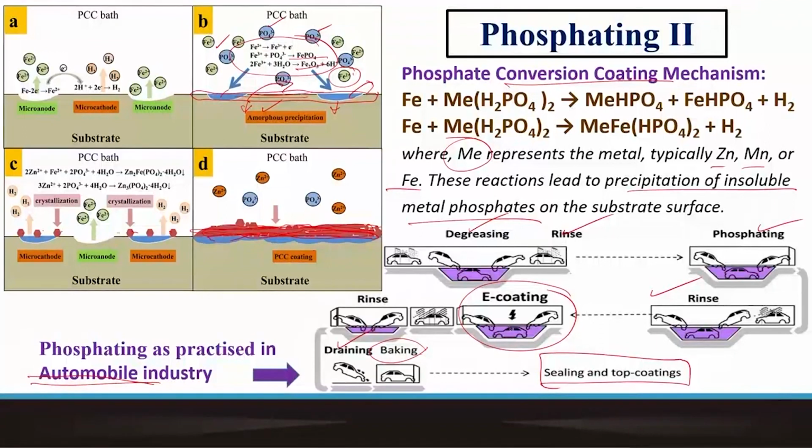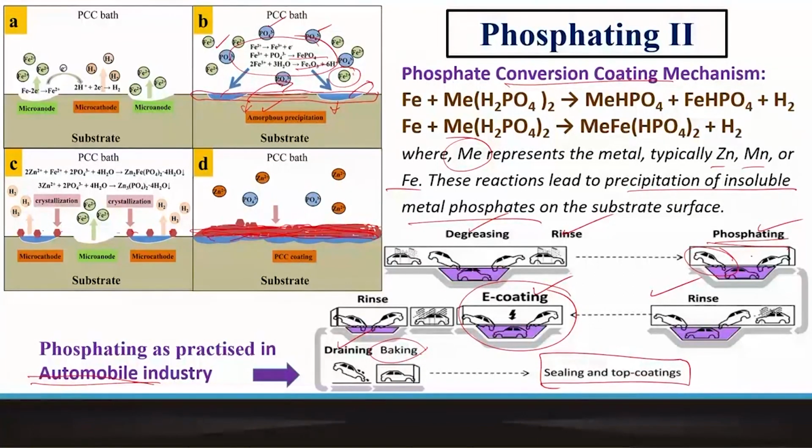So before this paint is applied by way of dip coating in a controlled manner, it is important that the surface of the metals of the automobile bodies is subjected to phosphating.